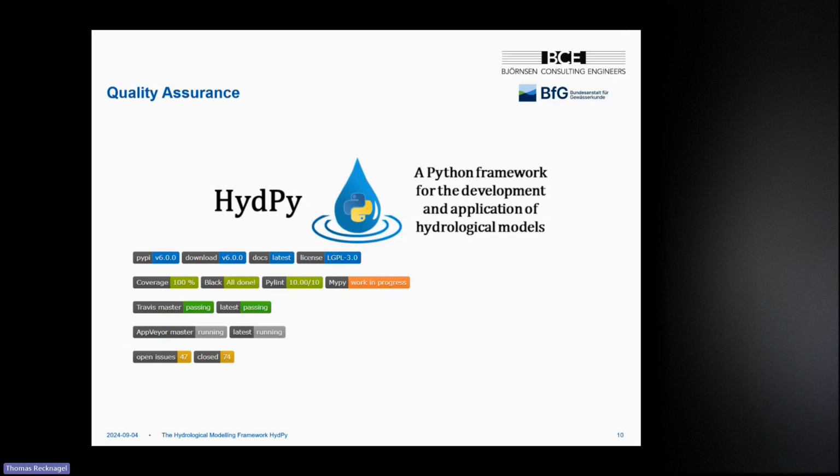We follow and fulfill the PEP 8 Python standard. And for example, all discussions on the development are also public on GitHub, so everyone can just open new issues if there's a bug, if there's a feature request or something like that.